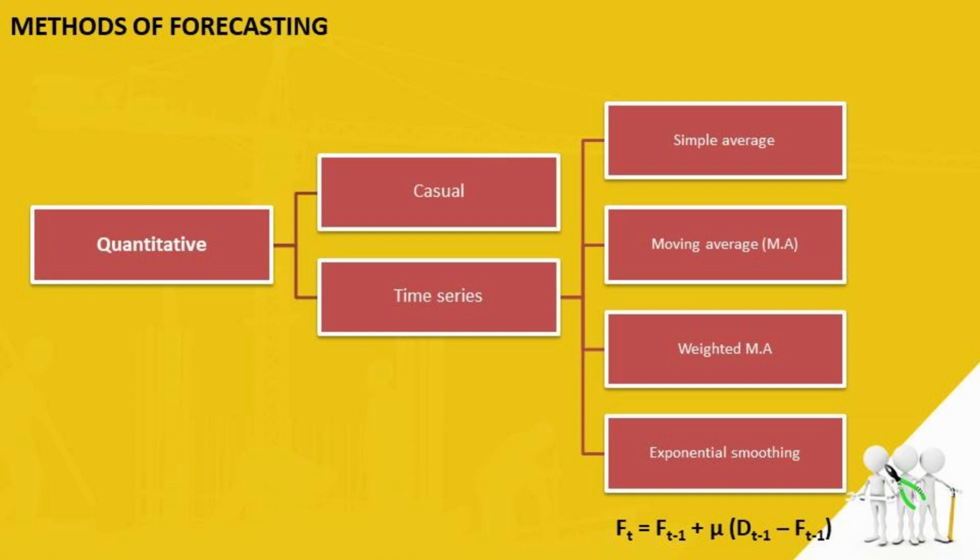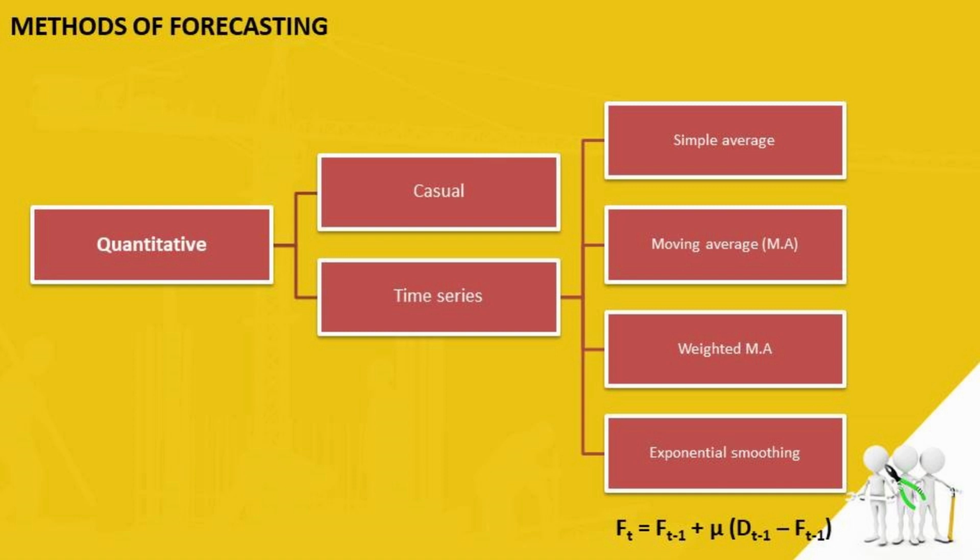Let's take the same example, January, February, March. The demand of the product was 2 units, 2 units and 2 units. If the numericals say a moving average of 2 months is to be taken, then (2 plus 2) divided by 2 is equal to 2. That would be your simple moving average method.